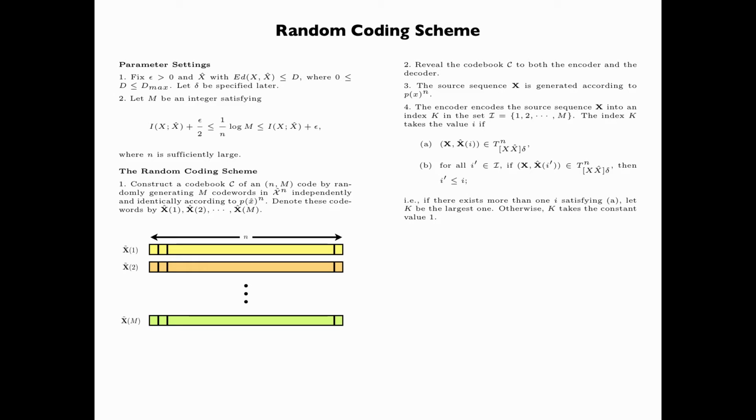That is, if there exists more than one i satisfying (a), let K be the largest such index. Otherwise, K takes the constant value 1. The index K is delivered to the decoder. The decoder outputs X̂(K) as the reproduction sequence X̂.